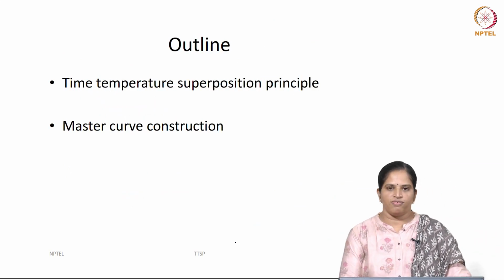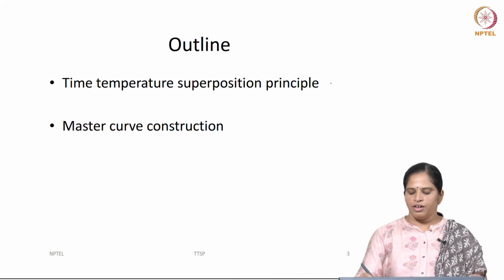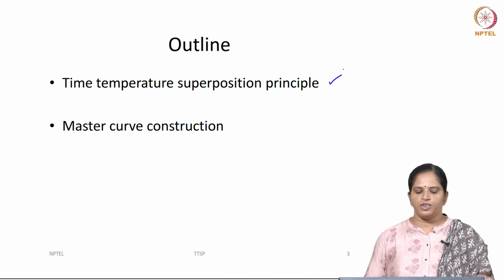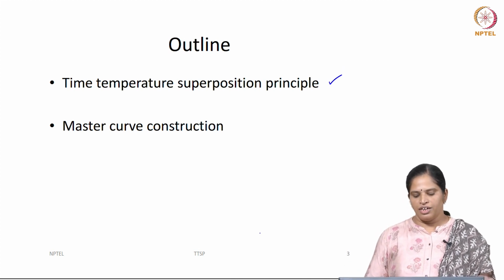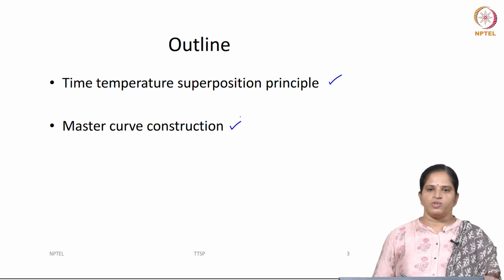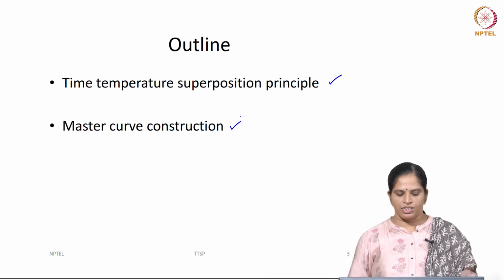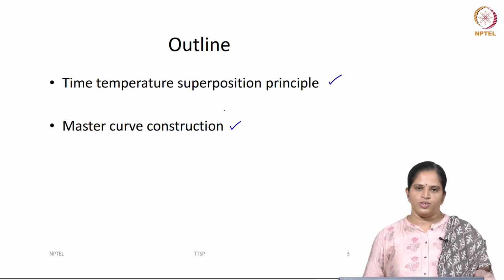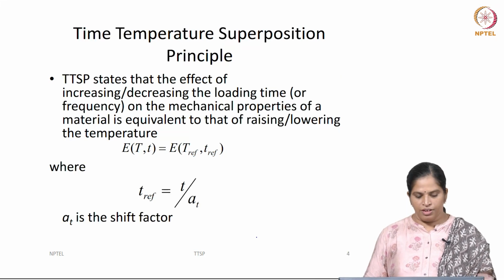So, the outline of the presentation is going to be like, first we will define what is time temperature superposition and then see the step by step process in constructing a master curve using the time temperature superposition principle.